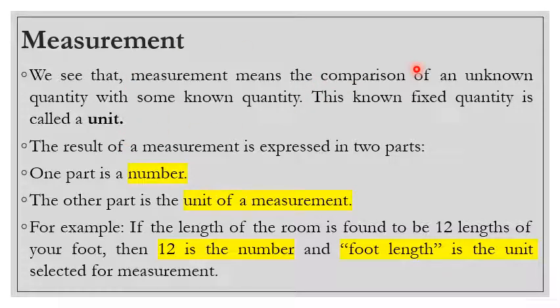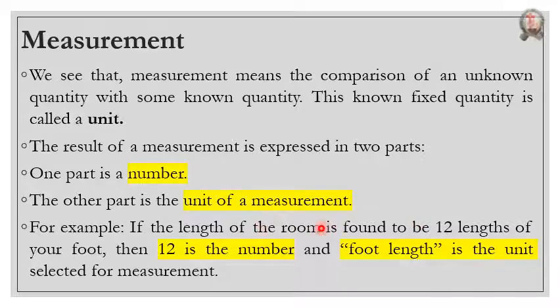So how do we express a measurement? We can express measurements in two parts. One part is a number, like 30 centimeter or 5 inch. And after the number, the other part is the unit of measurement.